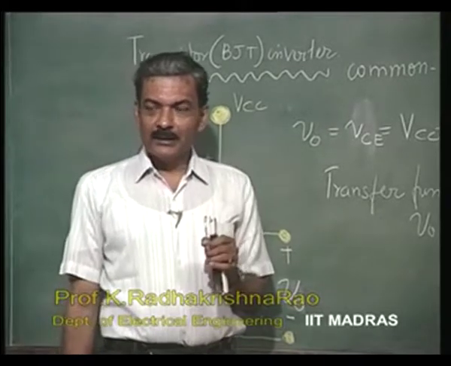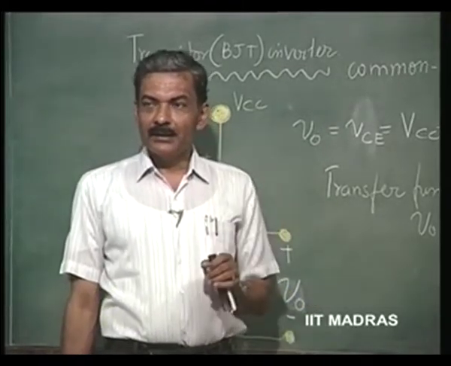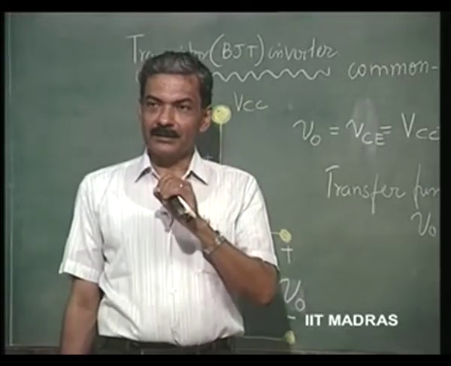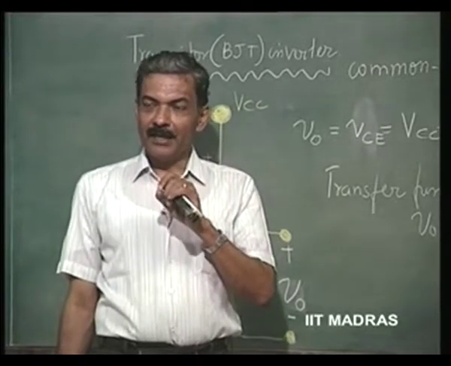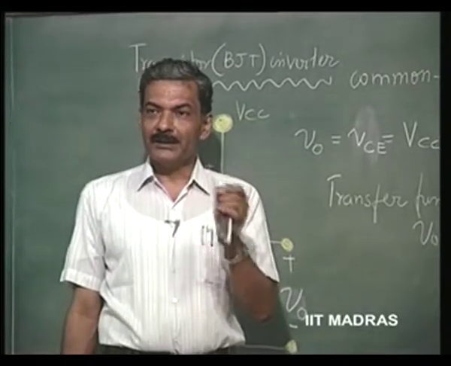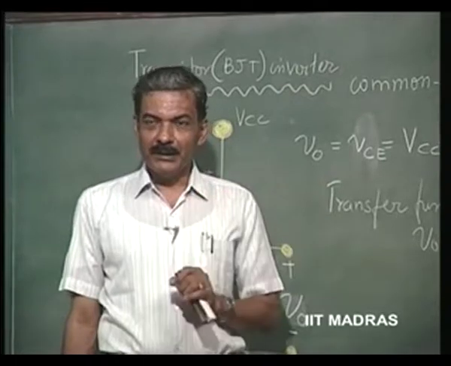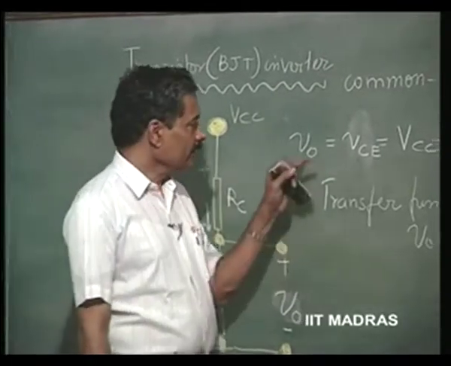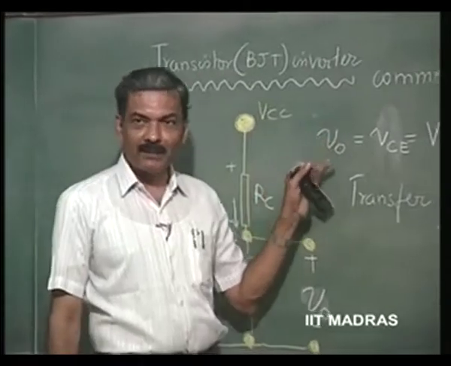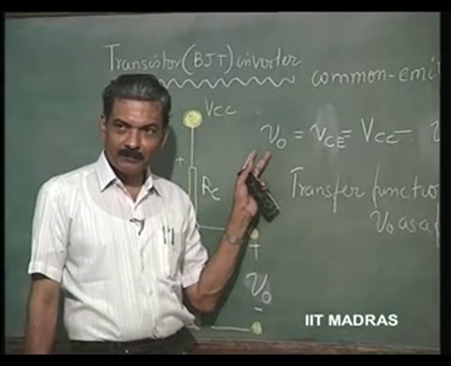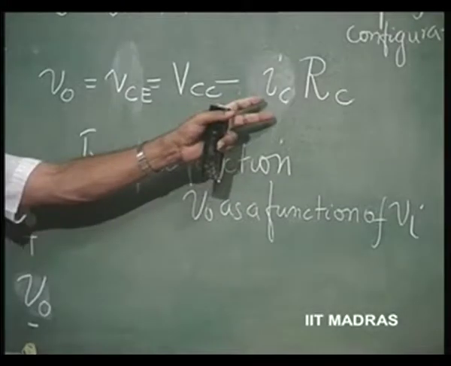Small letters with suffix indicate instantaneous values, at any given time, of the voltage or current depending upon the letter used, I or V. So, we are now considering the instantaneous value of these voltages with respect to the instantaneous value of the currents.